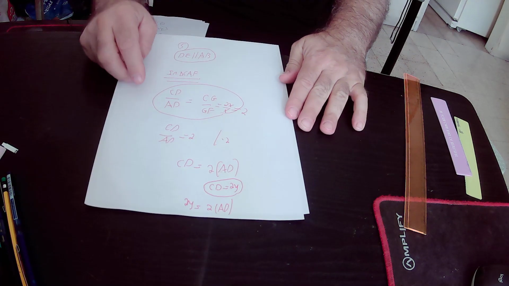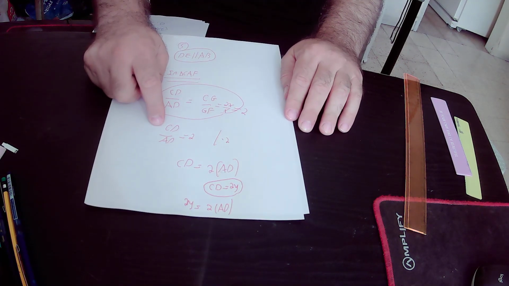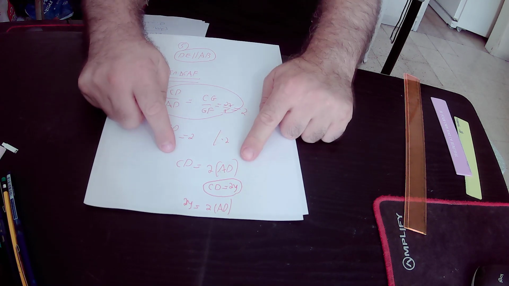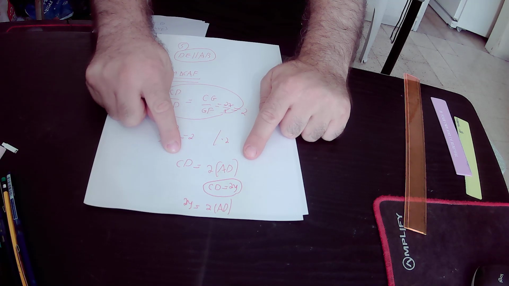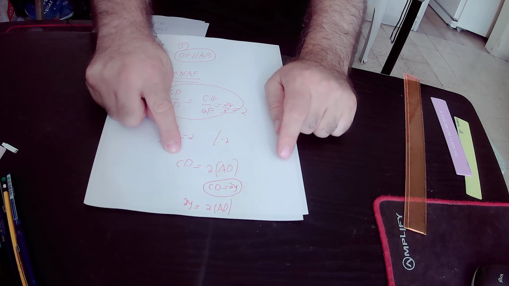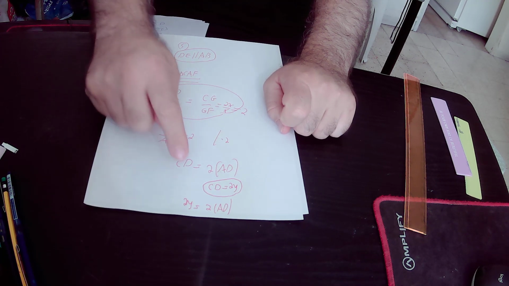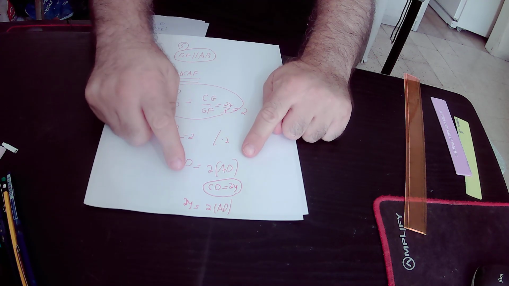And if we multiply this equality by AD, we will get that CD equals 2 times AD. If we define CD as 2y, so we substitute CD by 2y and we get that 2y equals 2 times AD.